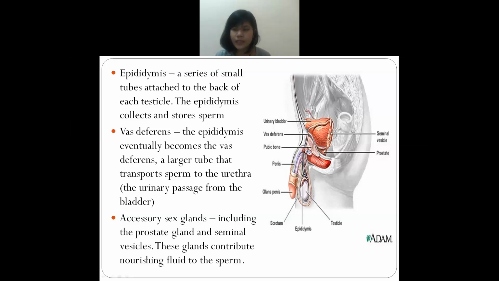This accessory sex gland lies in the prostate gland and the seminal vesicles. What are the roles of the seminal vesicles and the prostate gland? They contribute fluid to the sperm, which means they go and nourish the sperm.